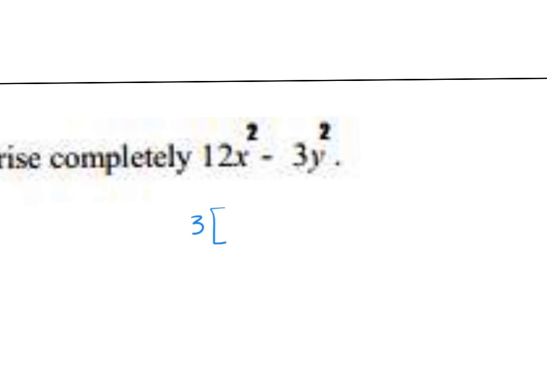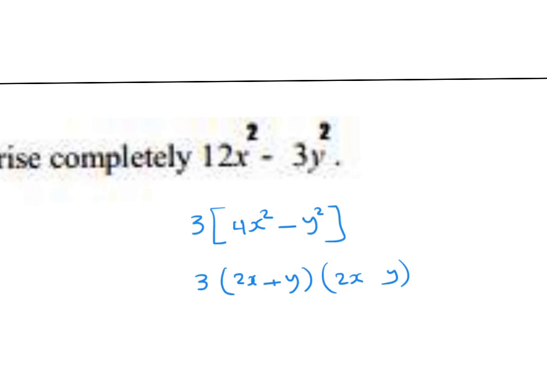Then 3 times what equals 12x squared? 3 times 4x squared. 3 times what equals 3y squared? 3 times y squared. Now we have a difference between two squares, so we can factorize into two brackets. 4x squared, the square root is 2x times 2x; y squared, y times y; plus minus.